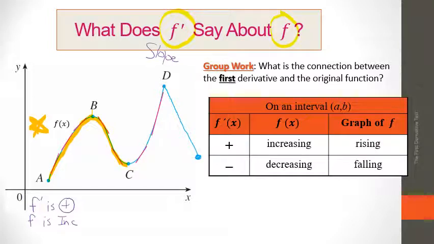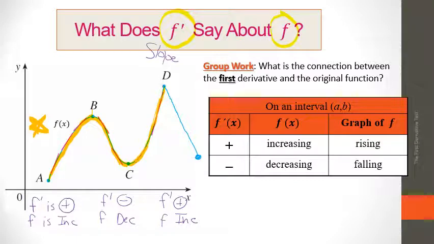Then from C to D, the slopes are positive here, and the function is increasing. So the slopes are positive again, and the function is increasing.